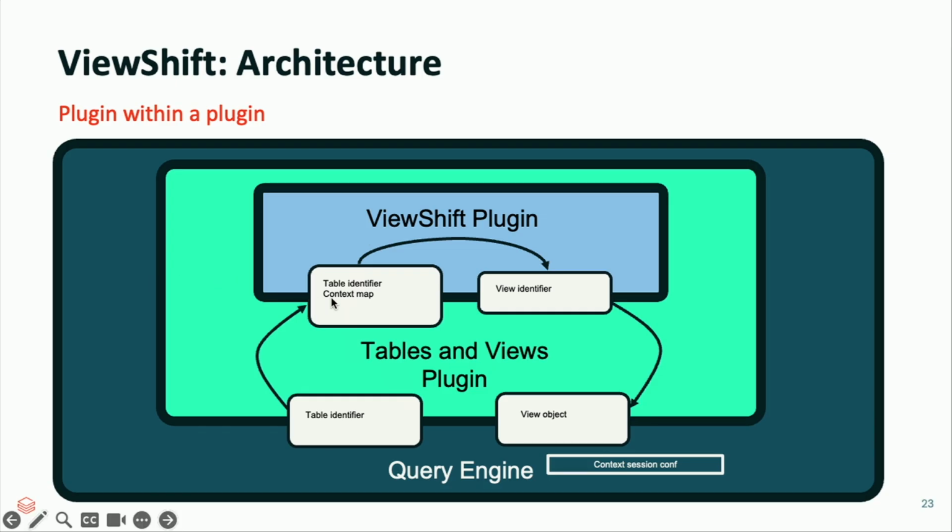So there is also a context map that is passed to the ViewShift plugin that tells it about the nature of the application and then enables it to resolve the table name to a particular view name. Then this returns a view identifier to the tables and view plugin, which naturally resolves the view identifier and hands it back to the query engine. So this architecture is repeatable across query engines, including Spark and Trino, for example.